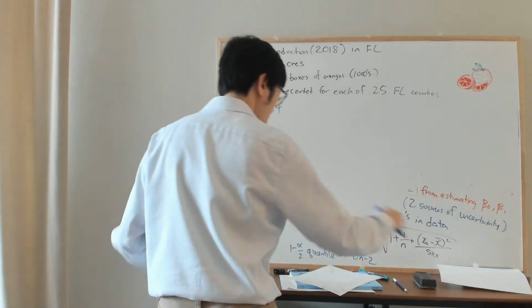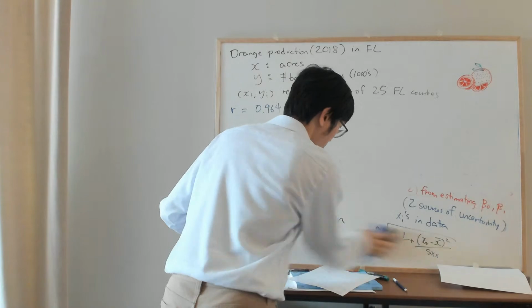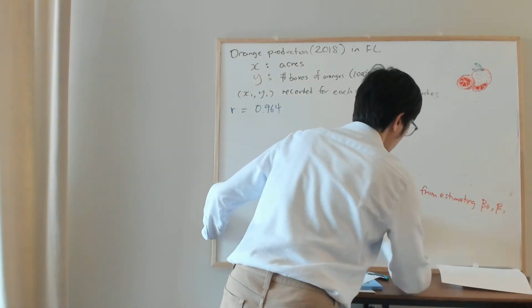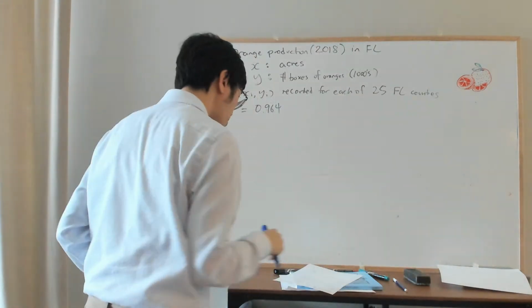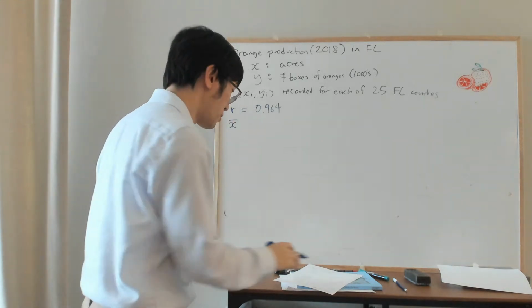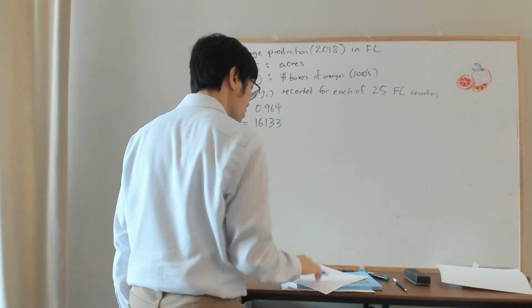I'll give you some other summary statistics and we'll do some calculations with them. The sample mean of x, denoted x bar, was 16,000.